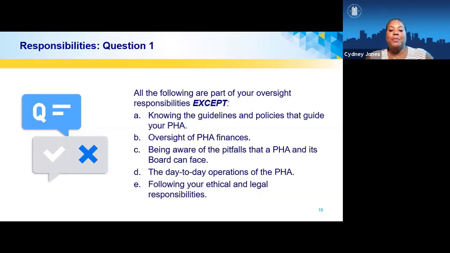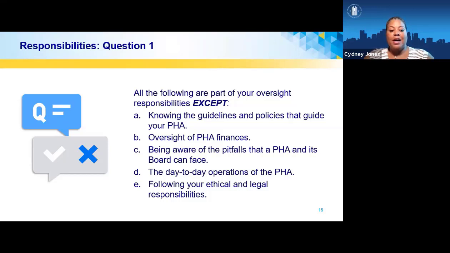All right, so we have a poll here. All of the following are part of your oversight responsibilities except. Take a minute and answer that. All right, so it looks like 100% of you got that right.